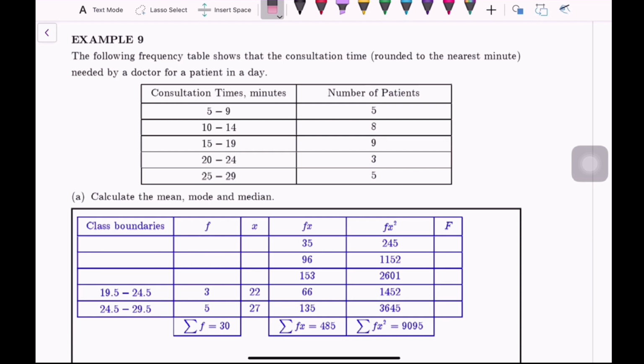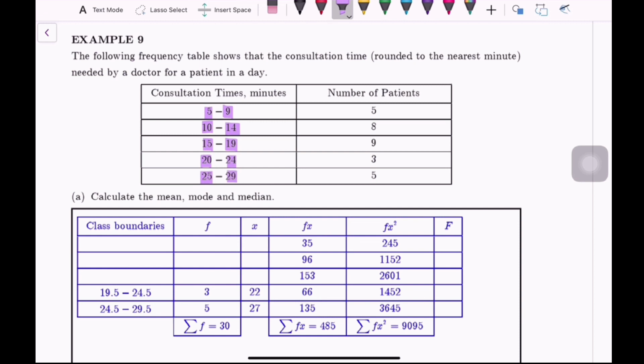Given consultation times in the form of class interval, or we call it a class limit. This one is a lower limit and the right side is the upper limit.